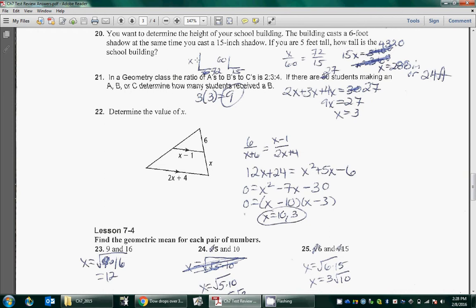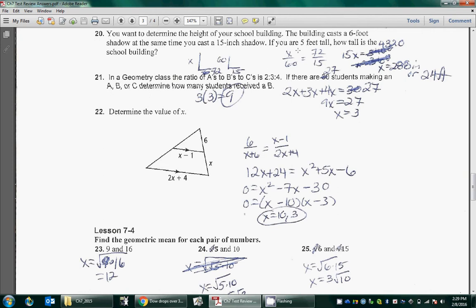So when I go to set it up, the key is drawing these out. They don't have to be fancy drawings. You'll notice I've just got sticks. Here's my height, here's my shadow, here's the building's height, here's its shadow. So you've got x over 60, because those correspond, is going to equal 72 over 15.